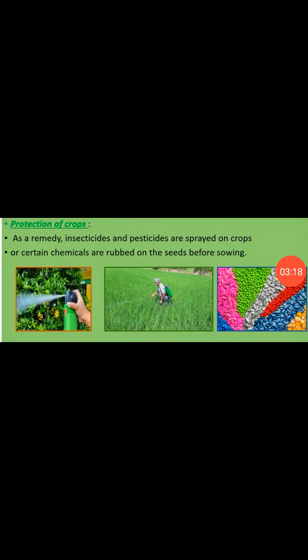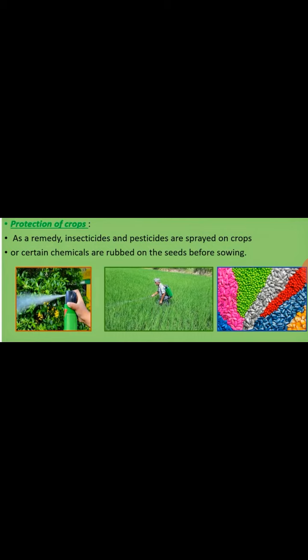So insecticides and pesticides are sprayed on crops. If any insects eat that poisonous pesticide, they will die immediately. So we use insecticides and pesticides in the agricultural field.